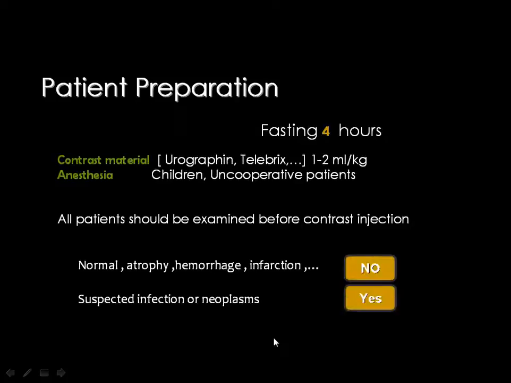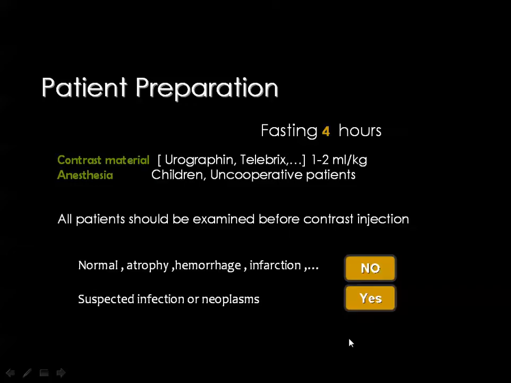Then we'll continue. And you know that whenever we are going to examine a patient with CT or MRI, there may be some pre-examination preparations. And for the brain, by CT and MRI, we do not need any specific preparation apart from making the patient fasting for about 3 to 4 hours.